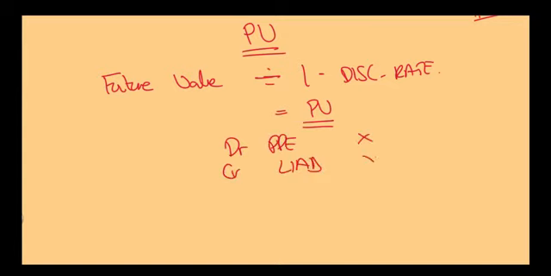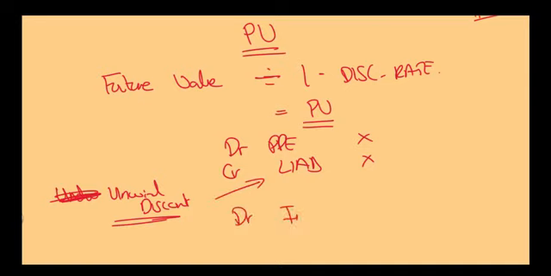Okay, but what I've then got to do is unwind the discount. Okay, and I unwind the discount on the liability, and I do it each year. And to do that, I need to debit interest, credit liability with how much? Well, with the liability times by the discount rate.